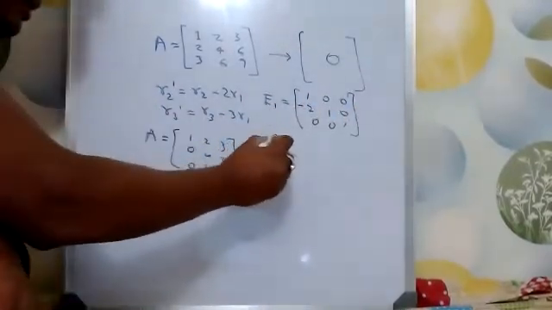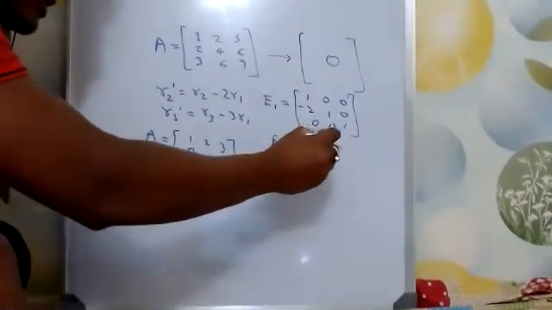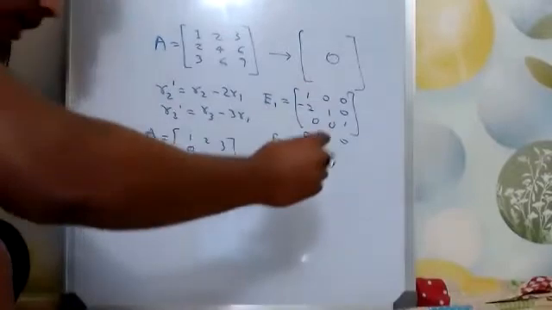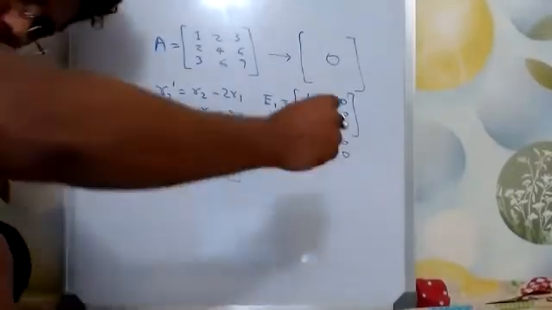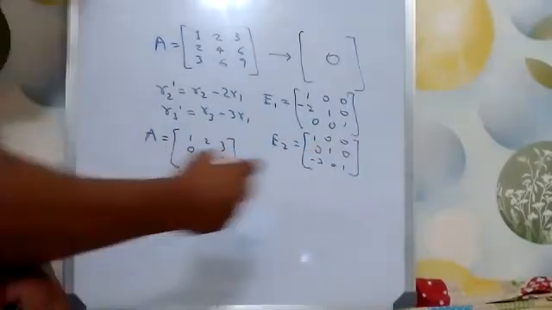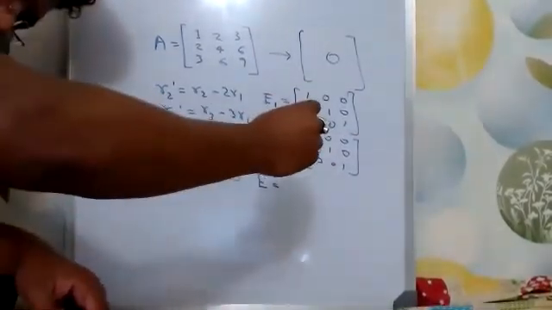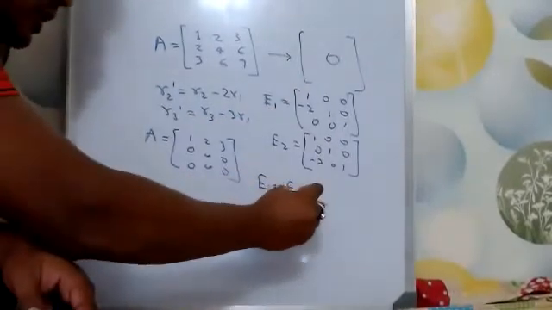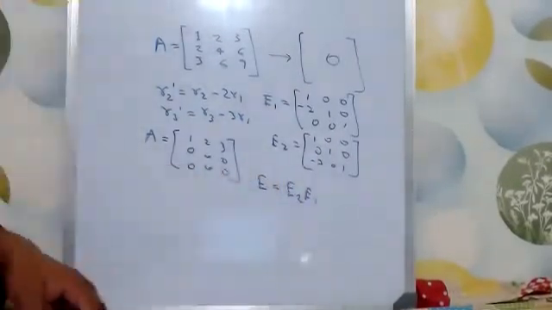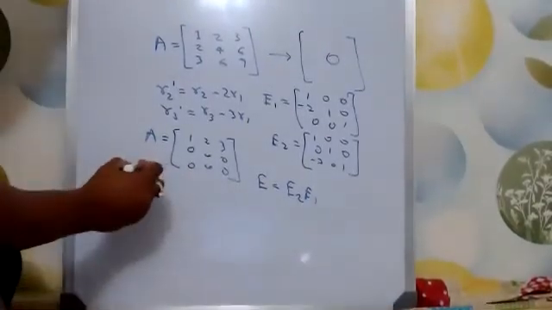You guys know how to calculate this. E2 is equal to 1 0 0, 0 1 0, and minus 3 0 1. Now we take E, which is the multiplication of E2 into E1, right? So we get E. That means we get it finally.